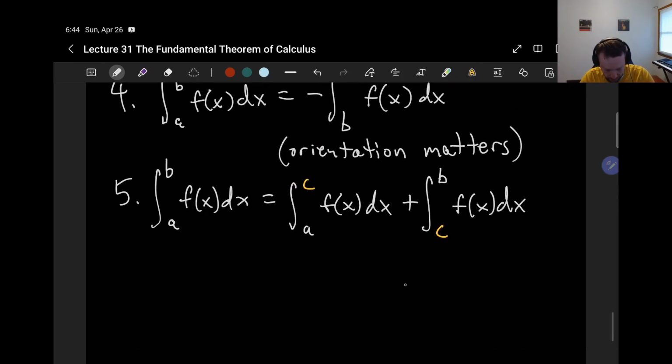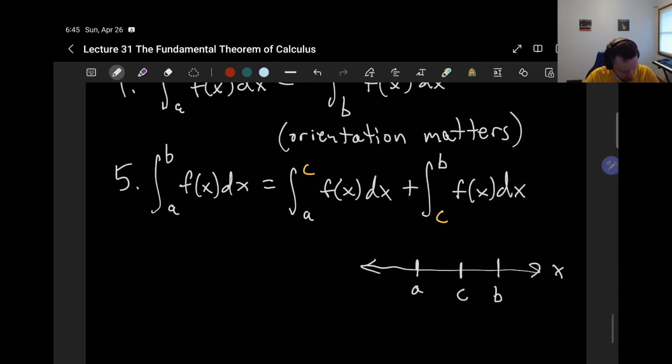So I've got my full interval. Let's draw an x-axis here from A to B. And C is typically going to be something in between the two. We're just saying that we can integrate here first plus this integral, and you ultimately get the same thing as all the way from A to B. Right?